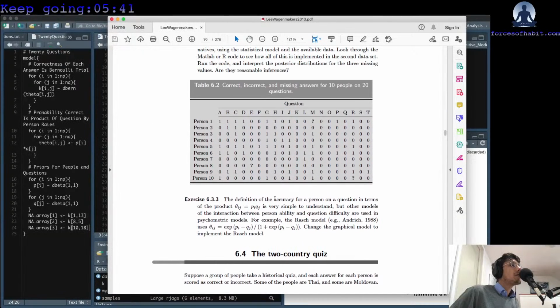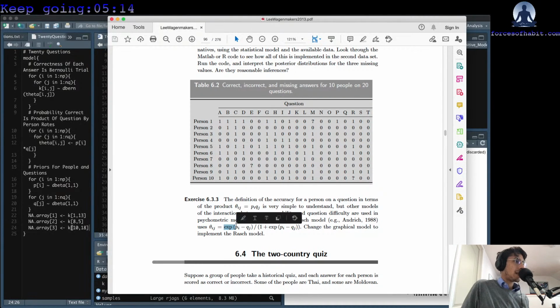Okay. The definition of accuracy for a person on a question in terms of the product is very simple to understand, but other models of the interaction between person's ability and questions are used in psychometric models. For example, Rasch uses a rate which is represented here.